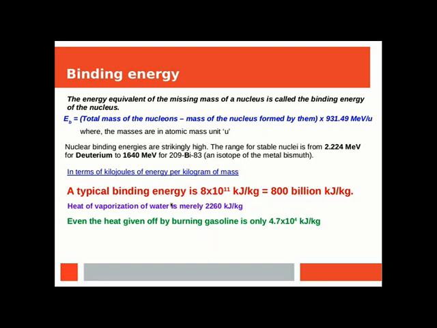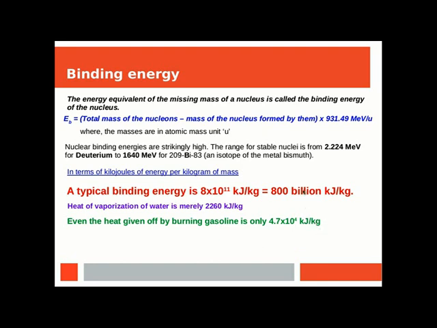If you look at a greater number, we can take the example of heat produced by burning gasoline. By burning gasoline, this much energy is generated: 4.7 times 10 to the 4 kilojoule of energy is generated by burning 1 kilogram of gasoline.